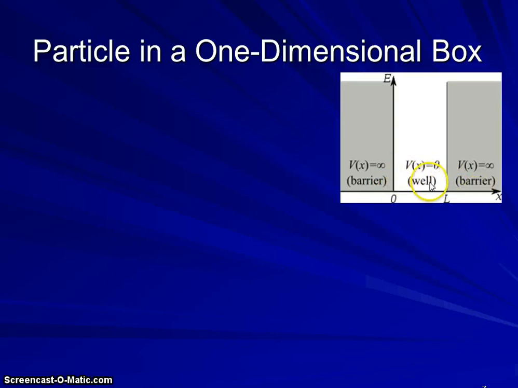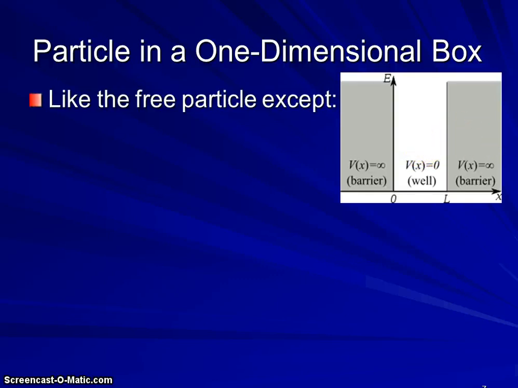The way we can specify that is we say the potential energy of the particle when it's in here is 0, and the potential energy of the particle when it's outside is infinity. In other words, there's some infinitely large barrier that keeps the particle from going from here into this area.